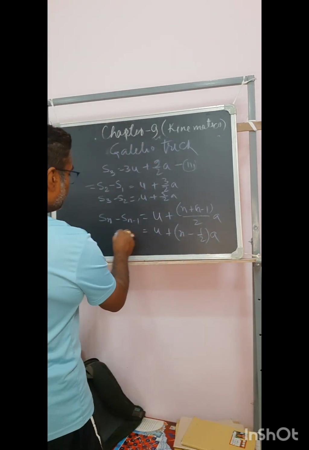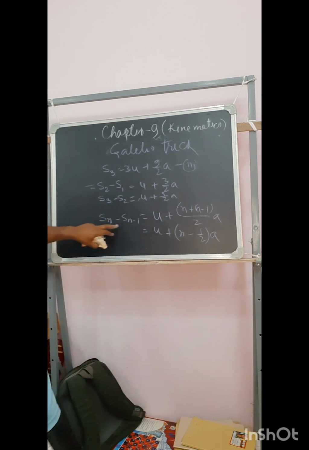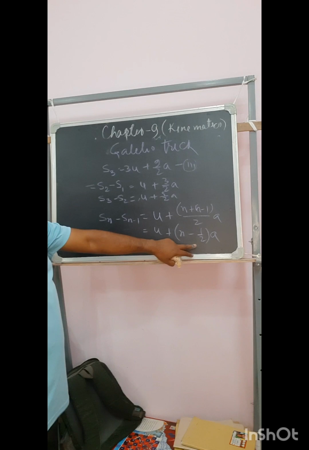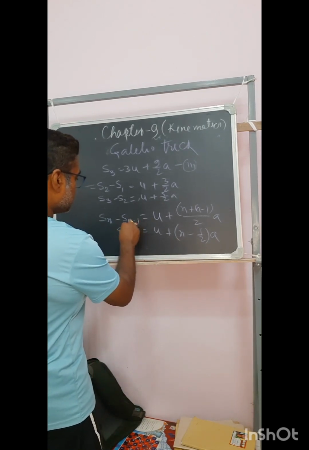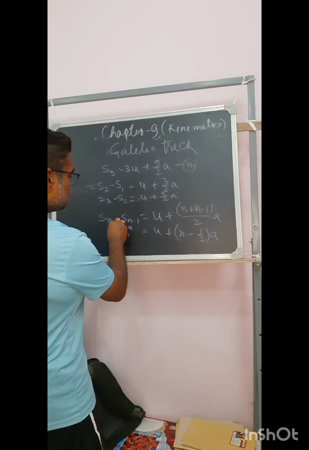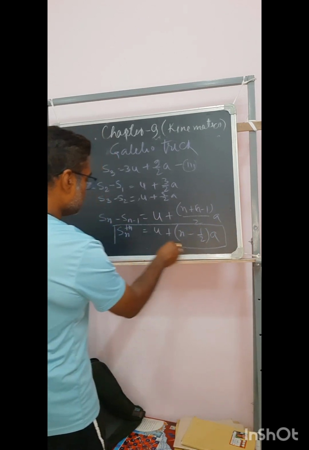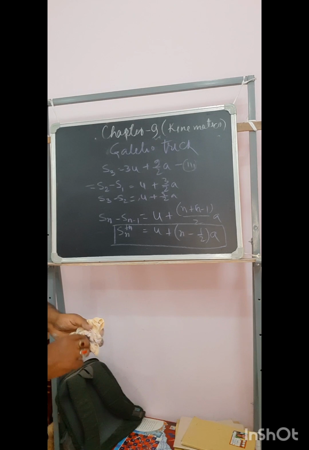This is an empirical formula. At the nth time, at any point of time, it will traverse a distance s nth, the distance traversed in the nth second, equal to this.